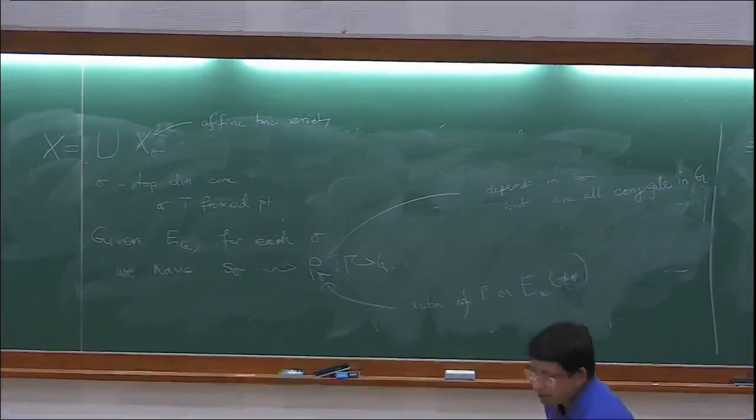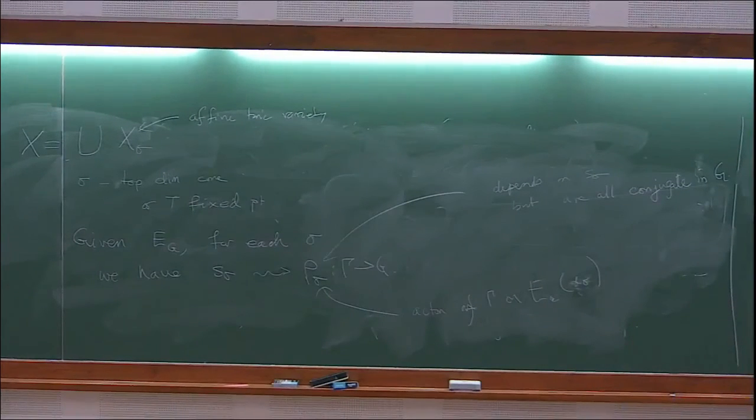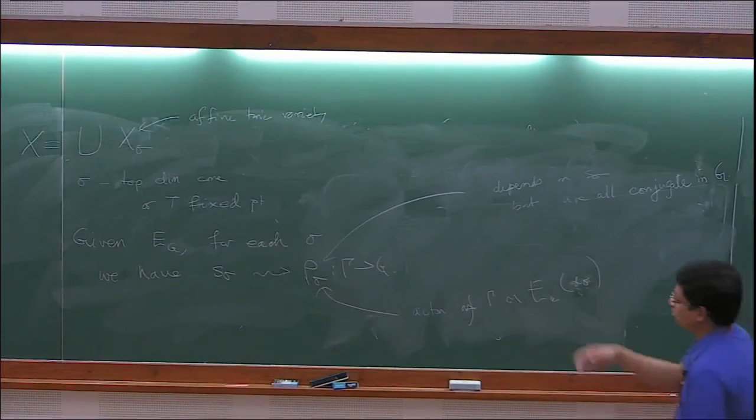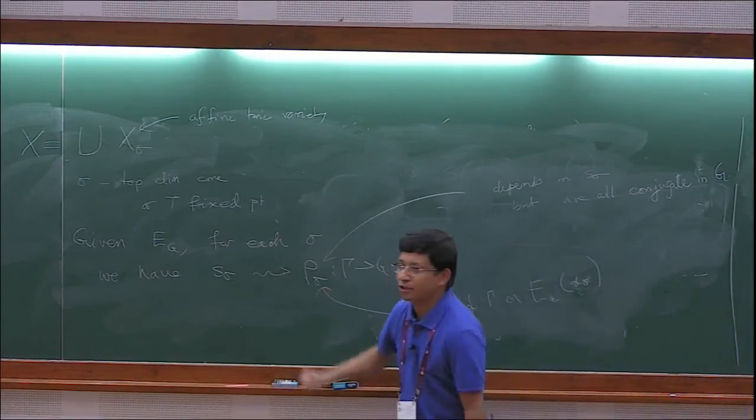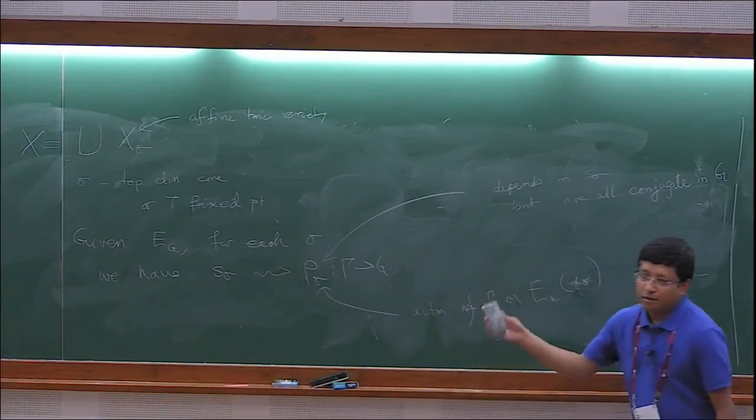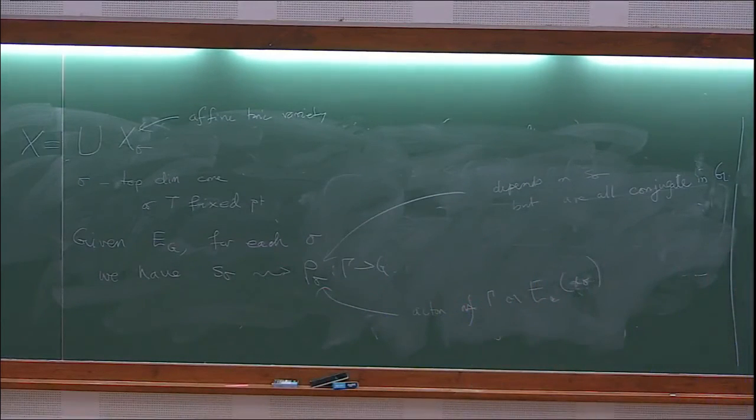That's one key part of the classification: although you don't have a good finite type classification of these S sigmas, you have a good classification of the rho sigmas.